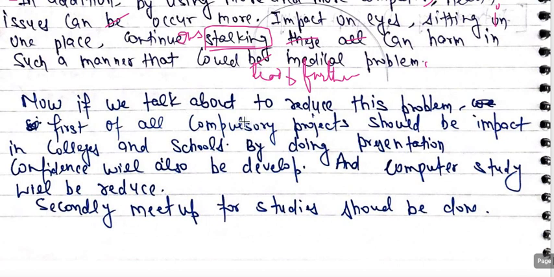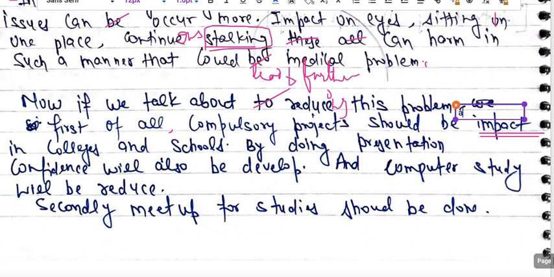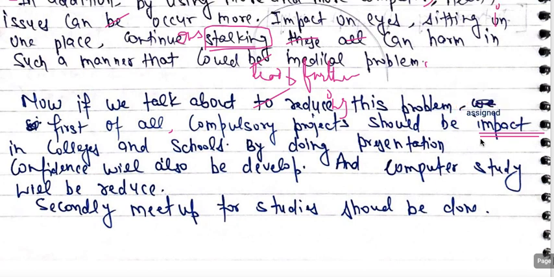Now if we talk about reducing this problem, first of all, compulsory projects should be assigned. प्रोजेक्ट को हम असाइन करेंगे, है ना, स्टूडेंट्स को. So wrong collocation you have used, है ना, इसे ही बोलते हैं कोलोकेशन. कि प्रोजेक्ट को हम क्या कहेंगे, प्रोजेक्ट को हम इम्पैक्ट करेंगे या प्रोजेक्ट को हम असाइन करेंगे बच्चों को.